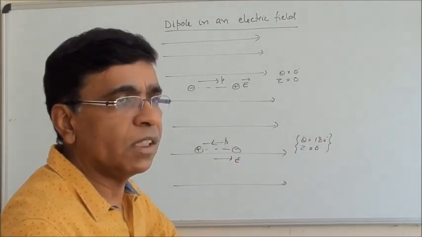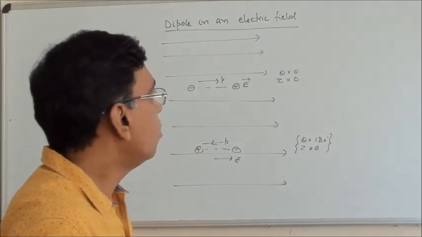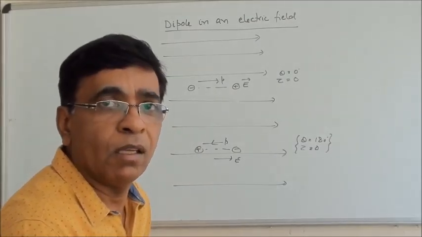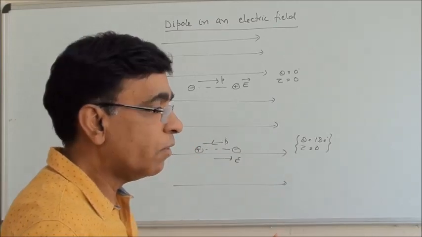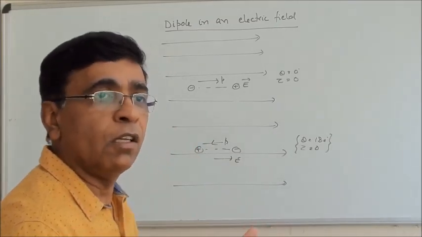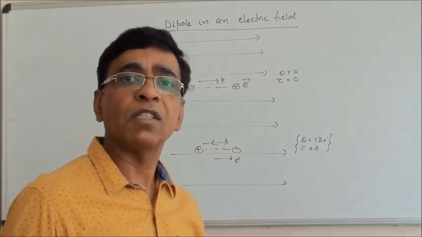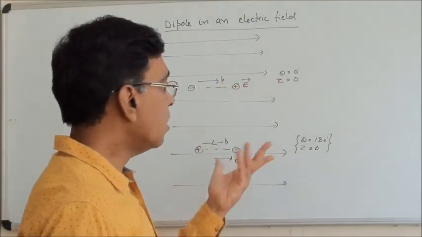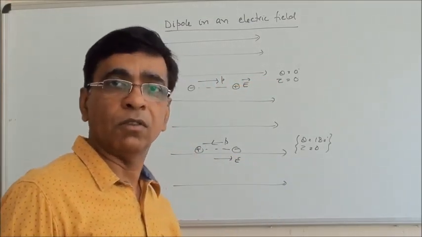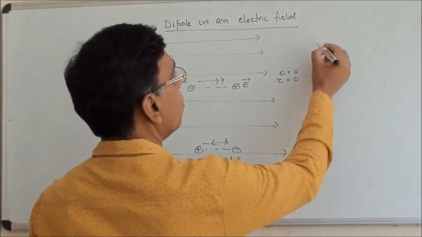Torque 0 means we say that the dipole is in equilibrium. See, dipole in an electric field, uniform electric field, force is 0, so it is translational equilibrium. In this case, it is rotational equilibrium also.